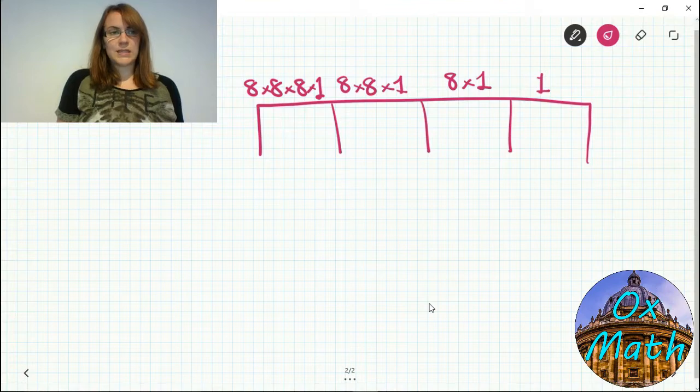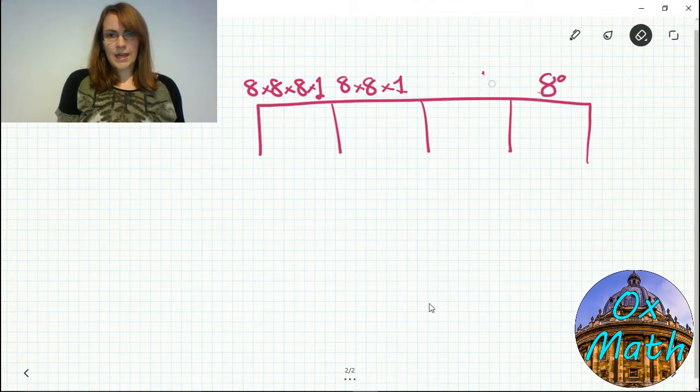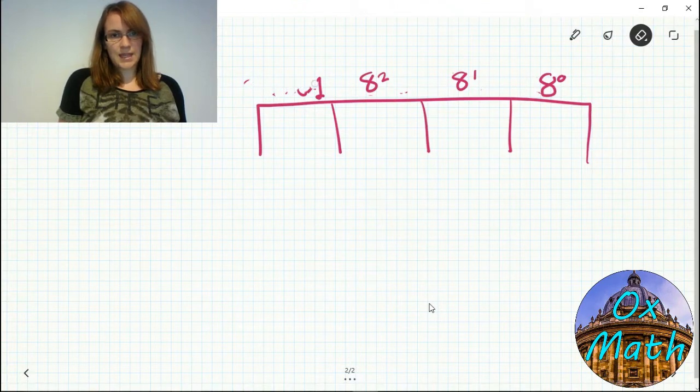So as we did in the previous video, if you've watched that, 1 we can write as 8 to the power 0. 8 because we're base 8, 0 because it's power 0. 8 times 1 or 8 can be represented as 8 to the power 1. 8 times 8, which is 64, can be written as 8 squared. And 8 times 8 times 8 can be written down as 8 cubed.